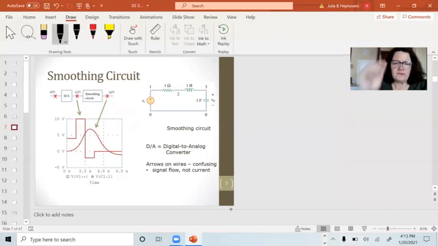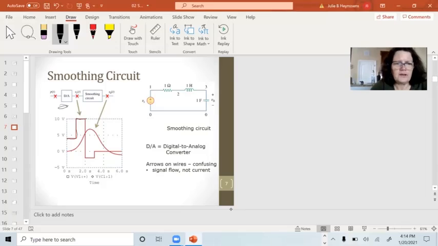Another application, this is a series RLC circuit. You can use it as a filter. And a filter, and we'll do that in lab 2, is like a smoothing circuit. If I have a digital to analog converter, and this is what this is going to do, if you've taken 286, you've used these before, it produces these steppy voltages.